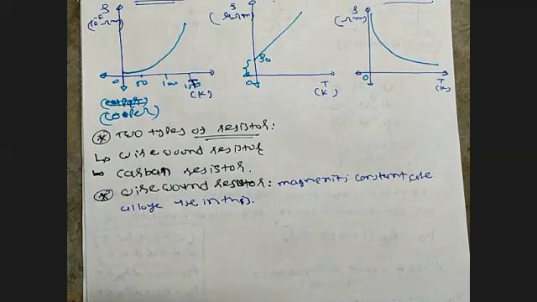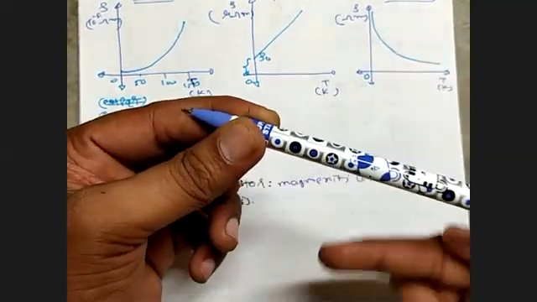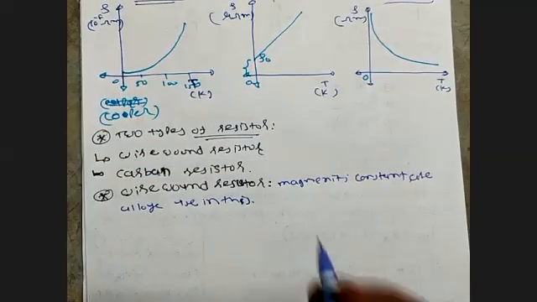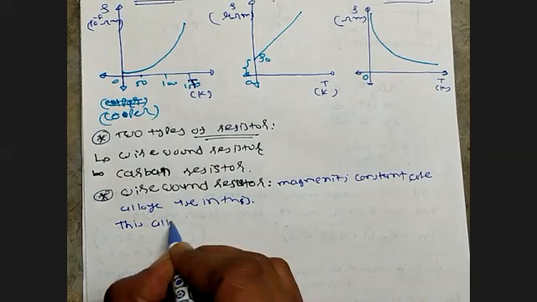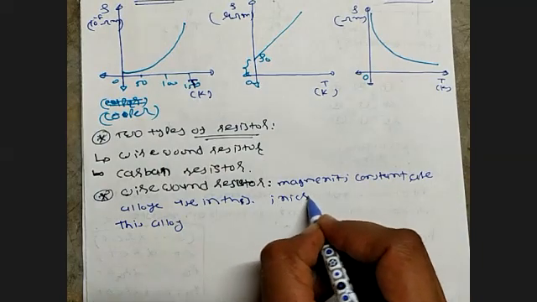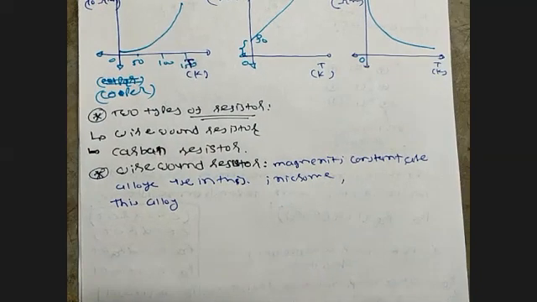These are the wires which are wound on some particular base. Suppose this is a base, and on this base the wire is wound. Nichrome also, both are the same.